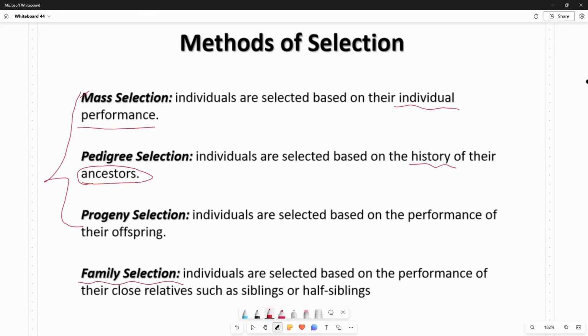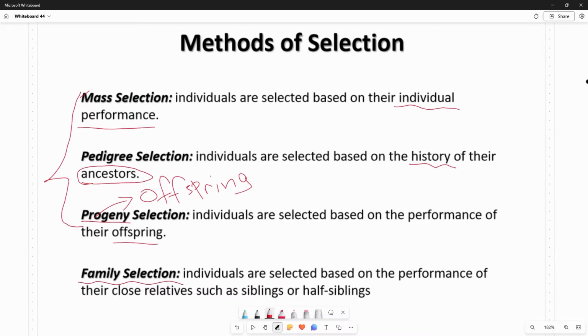Then we have progeny selection. Progeny, very, very important. When we talk of progeny, progeny means offspring. So organisms get selected based on the performance of their offspring. But we need to explain this a little bit more.